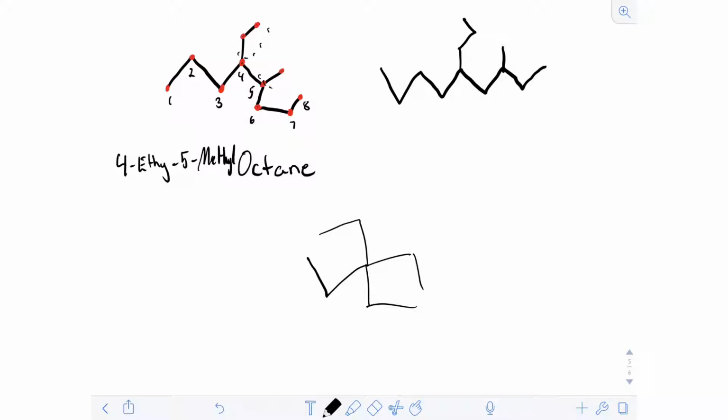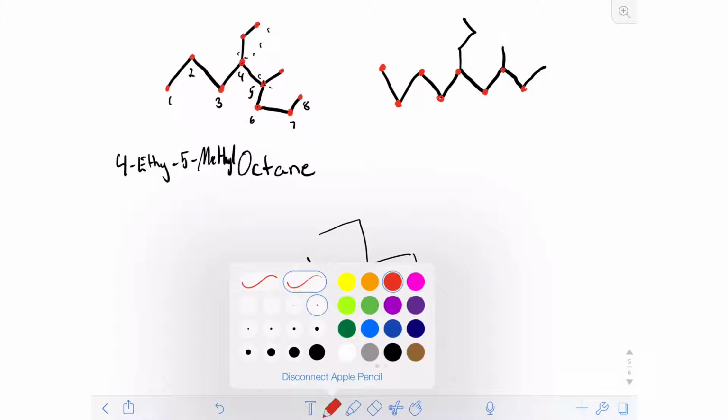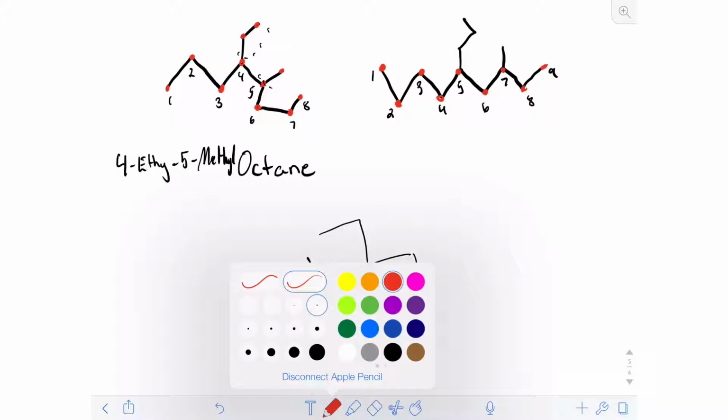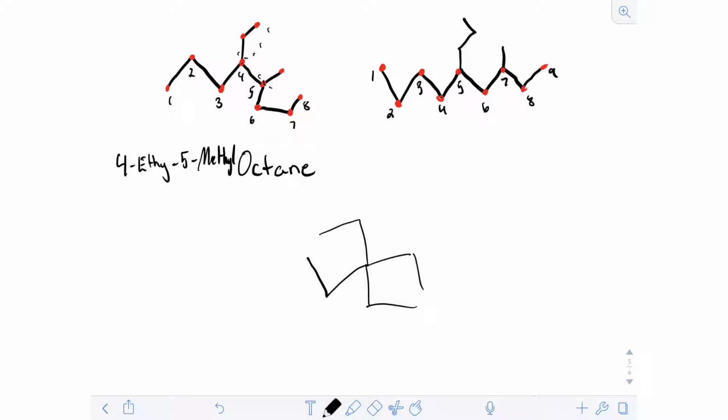And then next up is this chain. So we've got 1, 2, 3, 4, 5, 6, 7, 8, 9. Right. Also mark these carbons up here.